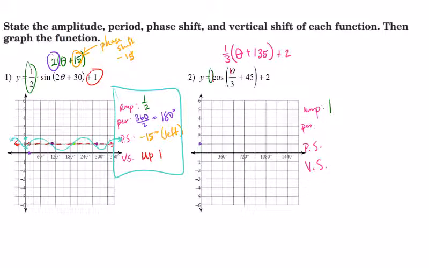All right, so the period is 360 divided by 1/3. And remember that means the same as 360 times 3. And so we end up with 1080.